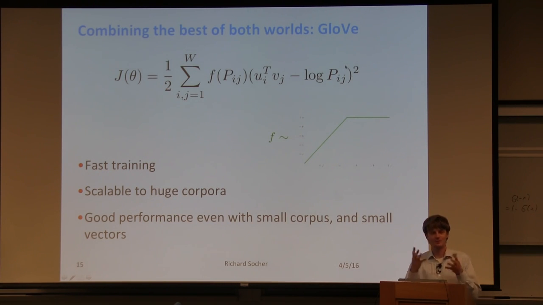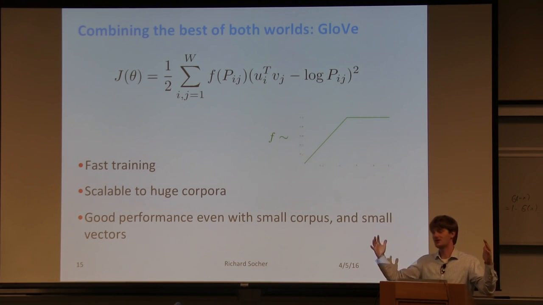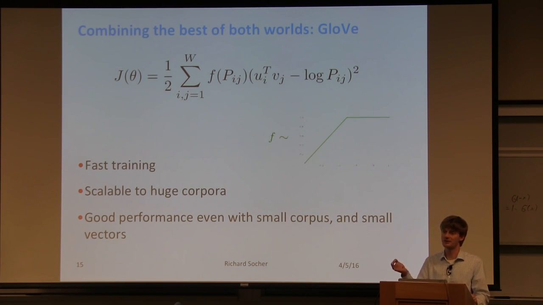That is essentially capturing a similar idea to word2vec, but instead of doing it one window at a time, you collect all your co-occurrence statistics once, and then run the optimization over that. And that Pij matrix, which we often also call X, is going to be very sparse. So we're not going to have to go over all possible pairs.